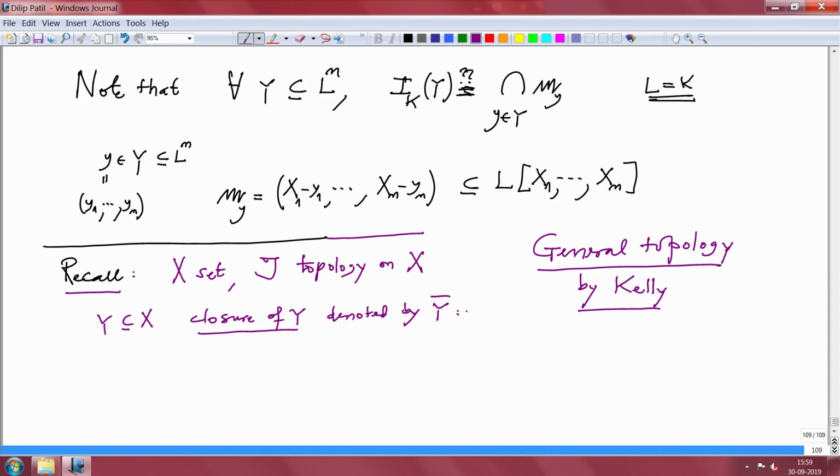By definition, it is the smallest closed subset which contains Y.